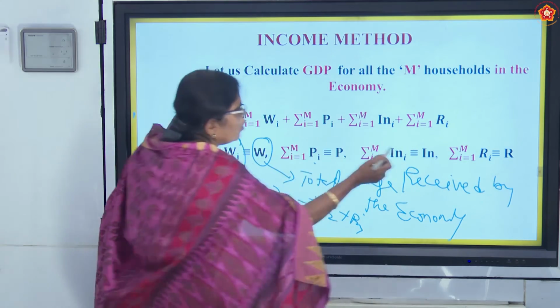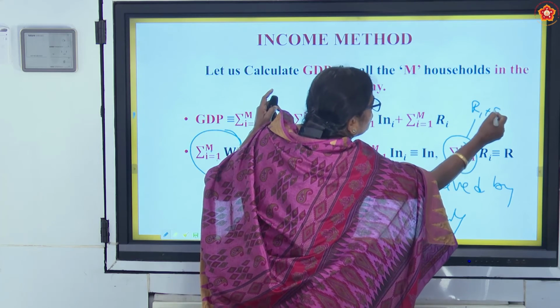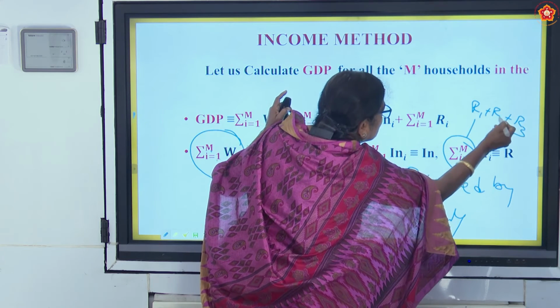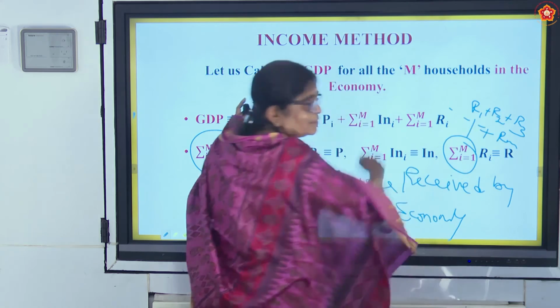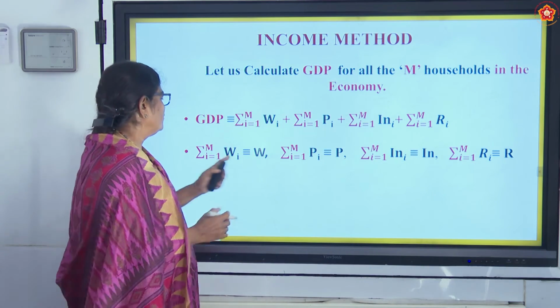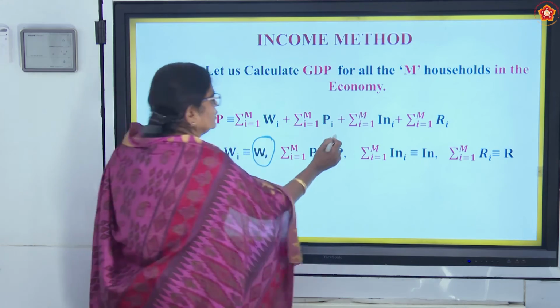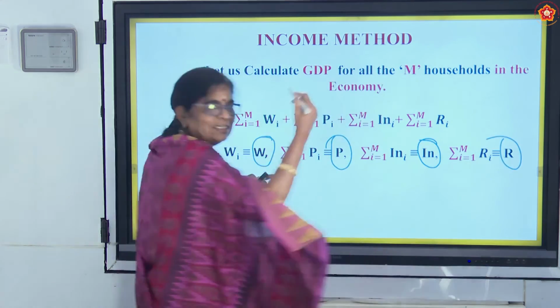Therefore, we have added all the M households together: R1 plus R2 plus R3 up to Rm. Therefore, it is a whole thing. I hope you understood. This one is given by W, this one by P, this one by I, therefore R.